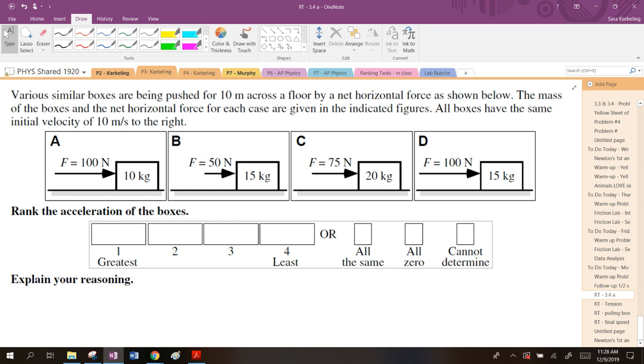Here we go. Various similar boxes are being pushed 10 meters across a floor by a net horizontal force as shown. The mass of the boxes and the net horizontal force for each case are given. All the boxes have the same initial velocity of 10 meters per second to the right.